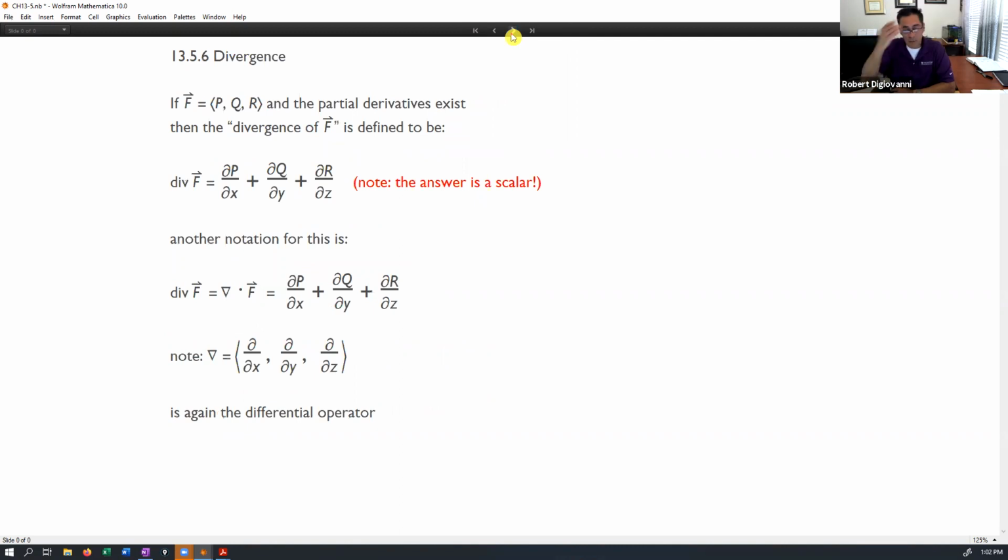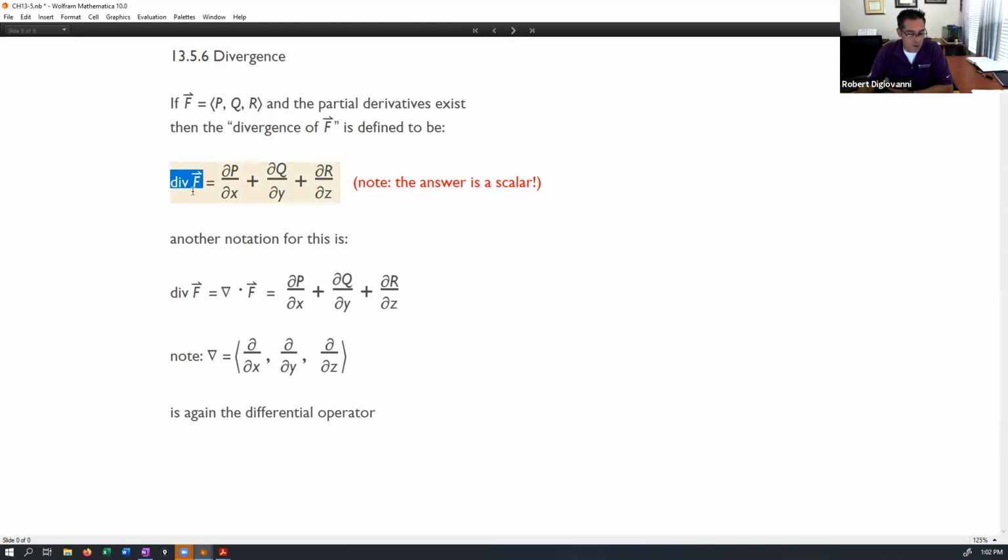All right, so now we talk about this second operation on vector fields called divergence. It's a new concept, and it has a really cool visual meaning. So first, let's figure out what you have to do to calculate the divergence of a vector field. Given a vector field, the divergence of F is defined to be the following.